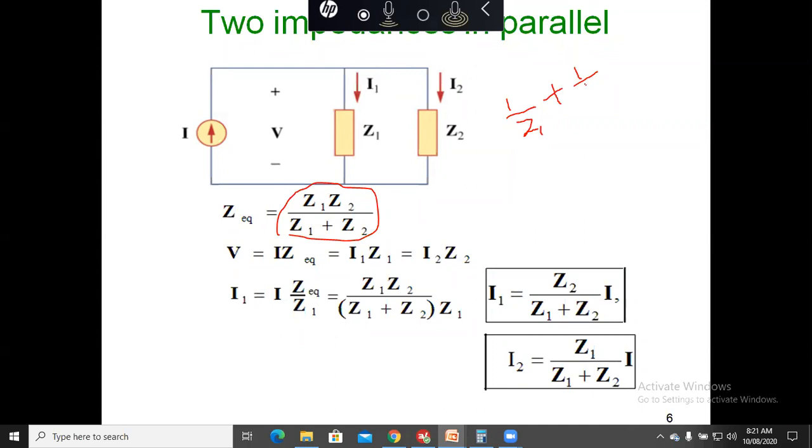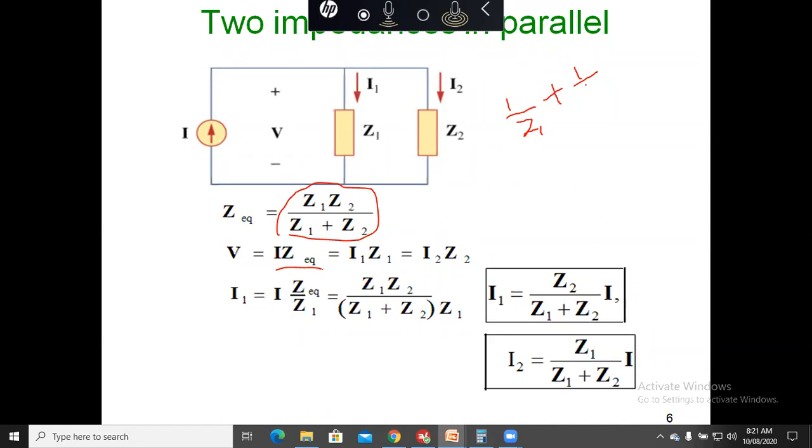So at the next step, we have the current multiplied by this equivalent impedance, which is the voltage across the network.